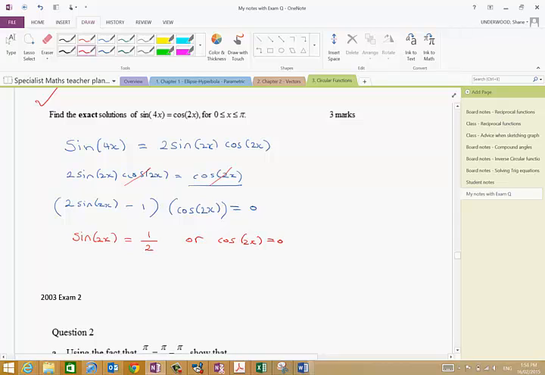Now be careful because we've got that x is between 0 and pi. So you need to have a new working domain. We know that we're not solving for 2x, we're solving for x. But you've got two equations here which you're solving for 2x. So you've got to be very careful not to just find your answer to what 2x is, because we're solving for the exact solutions in terms of x.